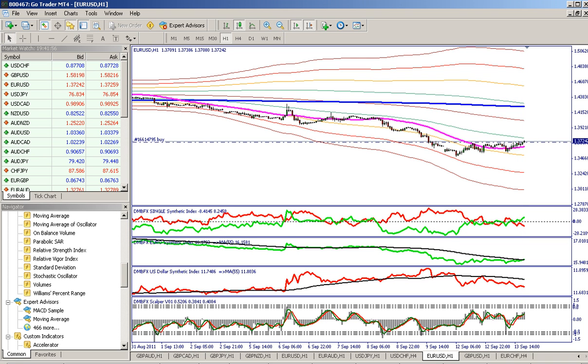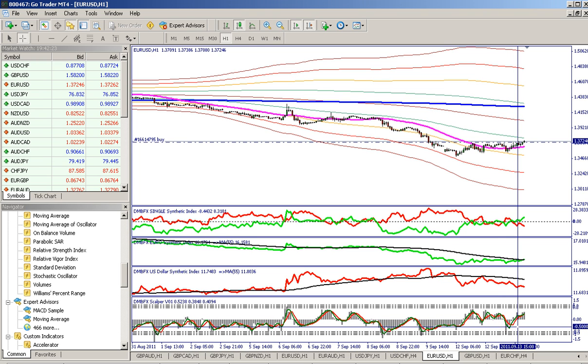If we move on, you'll see here the fifth one is the probability indicator, which basically tells a bit more about who's in control. Is it the buyers in control, or are the sellers in control? Much like with the RSI, you'll see that the green line here is the buyers and the red line here is the sellers.